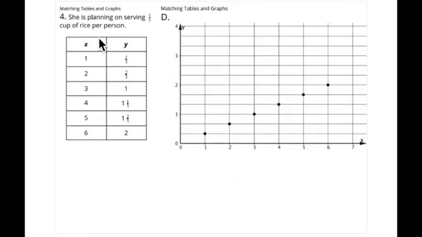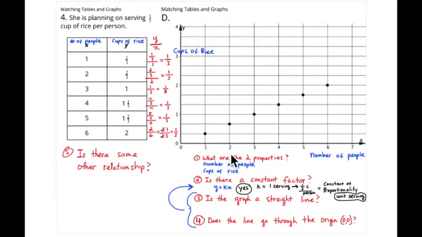Okay, table 4 matches graph D. And in this case, you're going to see that this is also a proportional relationship. The problem says she is planning on serving 1/3 of a cup of rice per person. So this is rice per person, so that's y per x.